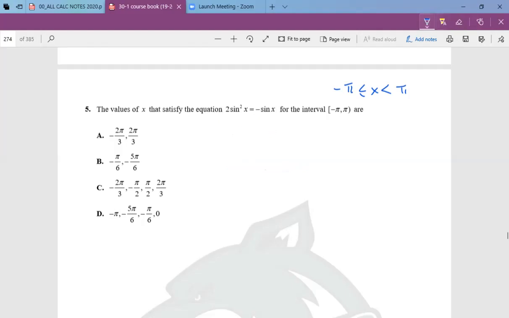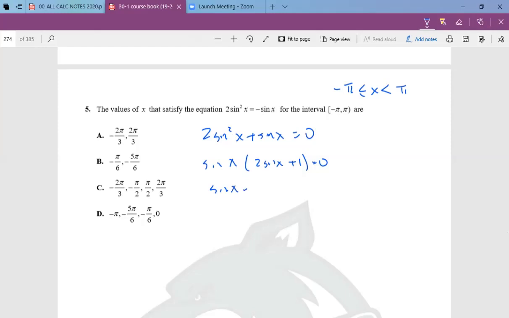Instead, let's bring everything over to one side, make it equal to 0. 2 sine squared x plus sine x equals 0. Now we common factor sine x times 2 sine x plus 1 equals 0.